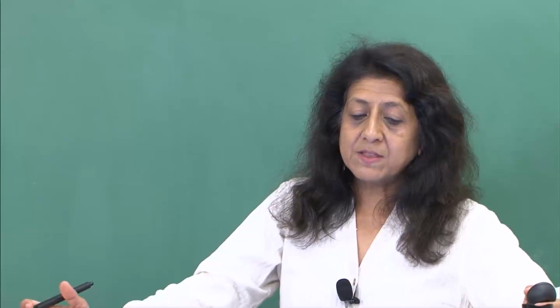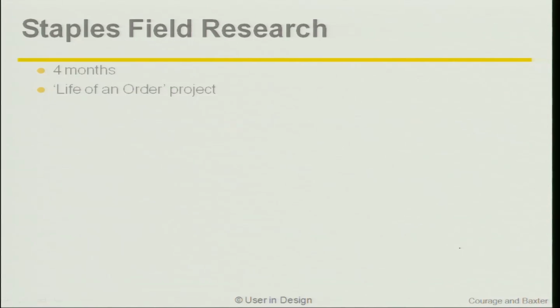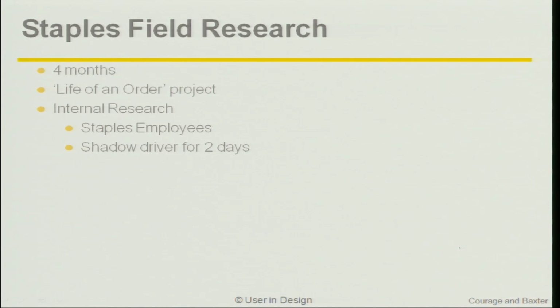So it was a 4-month research. It was called Life of an Order Project. So what is the life of an order project? It means that from the time the customer places the order, what happens to that order? What are all the steps that it goes through before the final order arrives at my doorstep or on my desk, right?